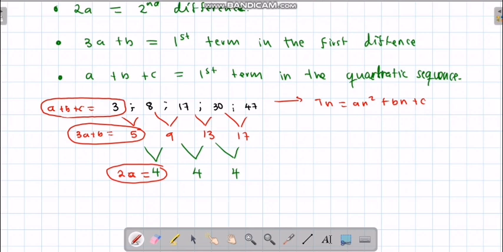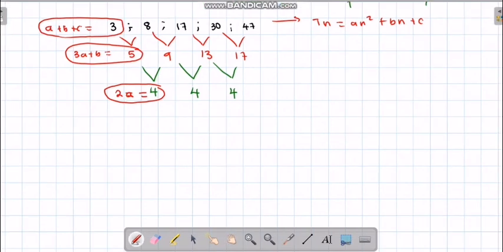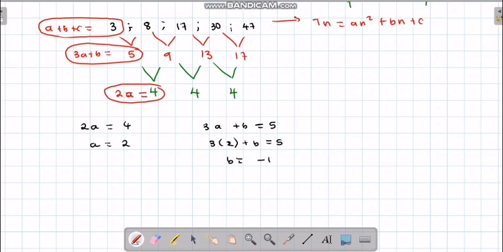Okay, so now let's start. So our 2a will be equal to 4, then we divide by 2, then our a is positive 2. Okay, our 3a plus b is equal to 5. We already know the value of a, which is 2, so 2 times 3 is 6, plus b is equal to 5, therefore our b will be equal to -1.